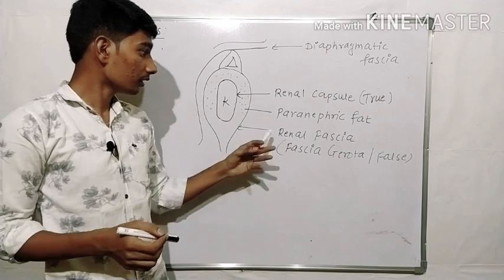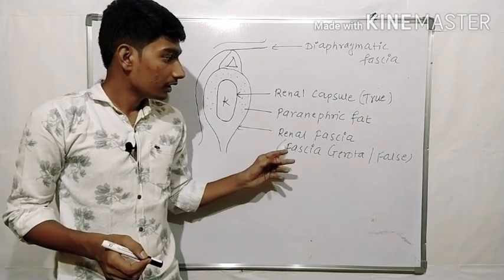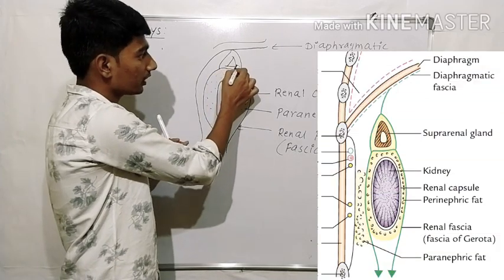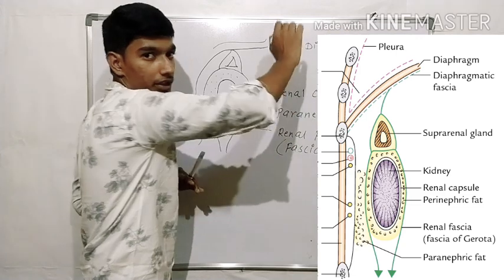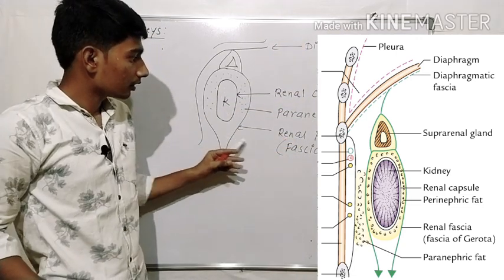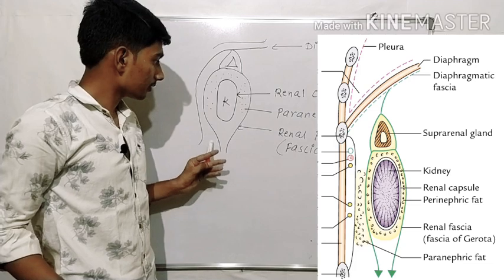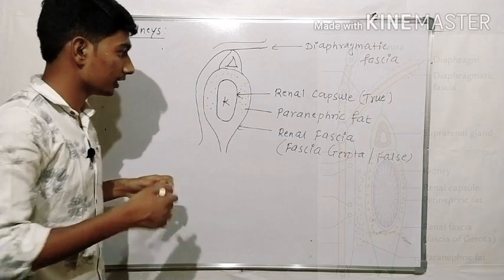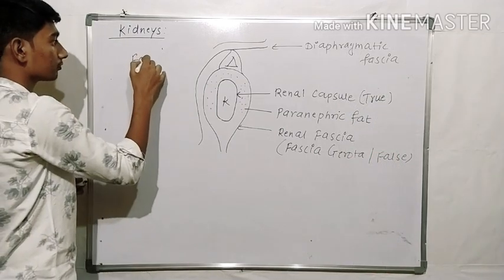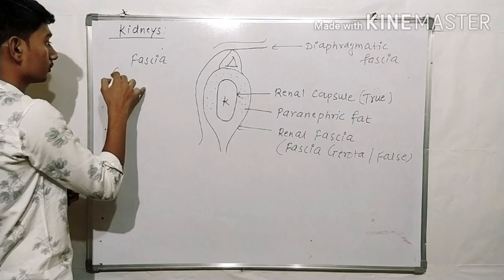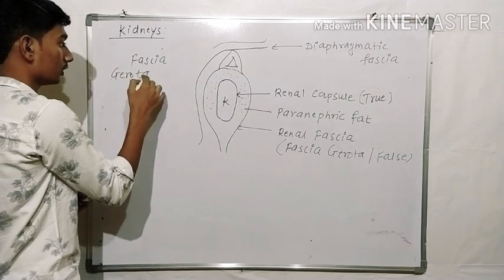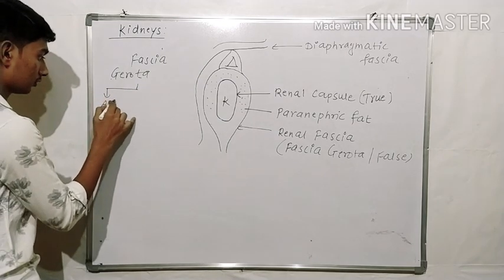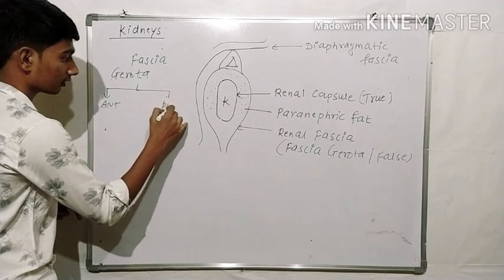Now this renal fascia, or fascia gerota, covers the kidney and suprarenal gland, and it blends with the diaphragmatic fascia. This fascia gerota has an anterior layer and a posterior layer.